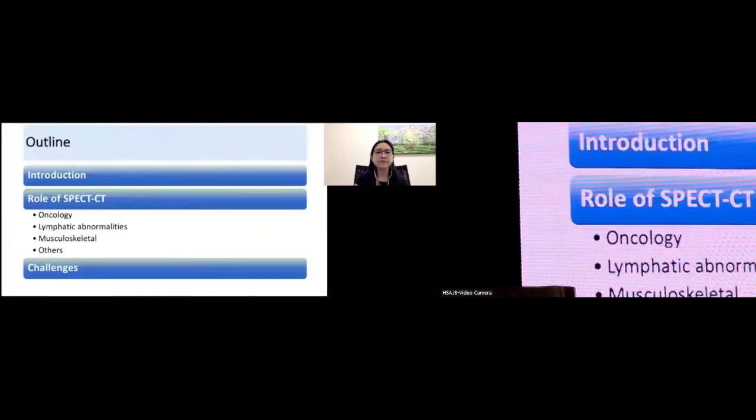This is the outline of my presentation. I'll be illustrating cases to highlight the role of SPECT-CT in oncology, in lymphatic abnormalities, musculoskeletal, and other interesting cases.